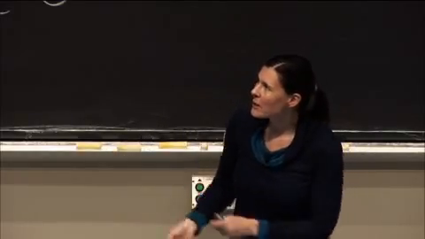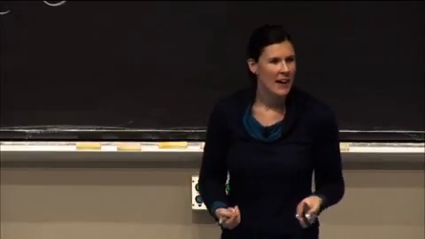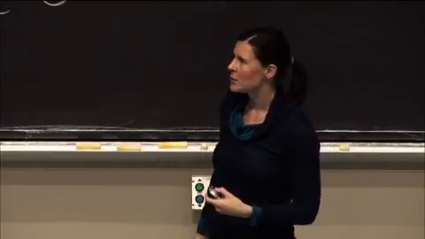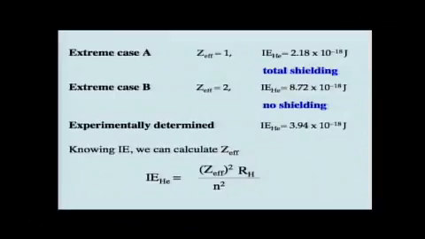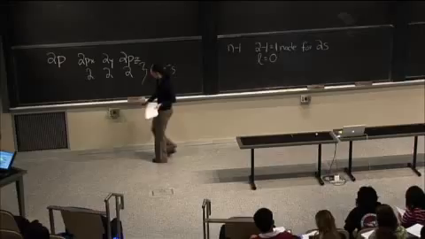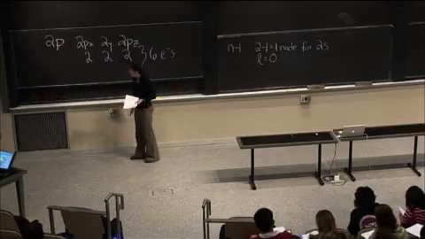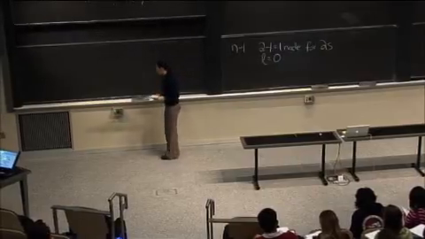And if we experimentally know what the ionization energy is, we actually have a way to find out what the Z effective will be equal to. We can use this equation here. This is just the equation for the ionization energy, which is the same thing as saying the negative of the binding energy. That's equal to Z effective squared RH over N squared. Instead of talking about the ionization energy, because that's one of our known quantities, we can solve to find Z effective.